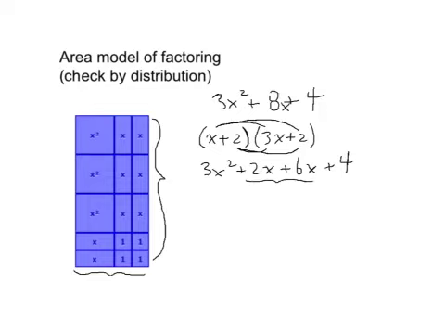We have like terms here, and so our final solution is in fact what we started with, which confirms that we must have factored this trinomial properly. Again, notice we can't use the previous method of working with trinomials, but we can still use the area model.